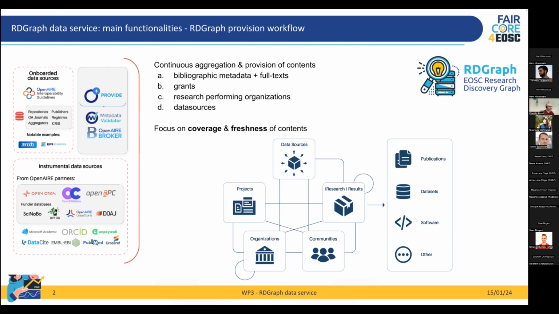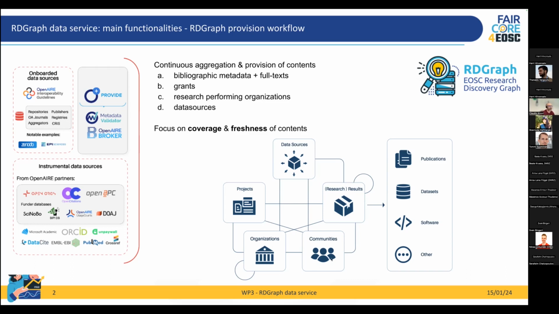These contents, thanks to the processing pipeline that there is in place, form primarily the RDGraph, whose model is depicted here at the center of the slides. It sees at the center the research outputs, results declined into the 4 main categories that you see on the right, linked to data sources from which the content comes, to the project grants, so funders, the research organizations, and the communities.